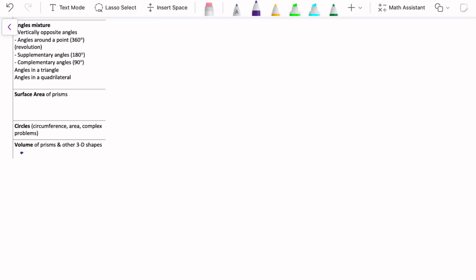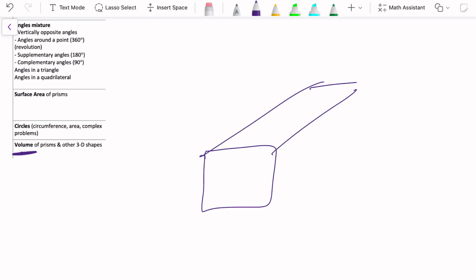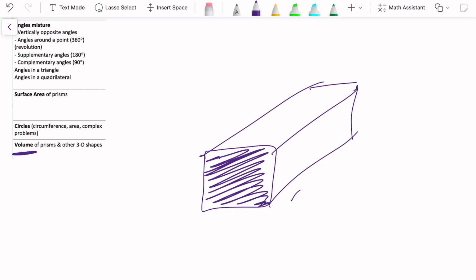Okay, so finally looking at volume, remember volume is 3 dimensions. So if you're finding let's say the volume of this badly drawn cuboid, you would find the area of the face and simply multiply it by the third dimension, which we can call the length or the height.